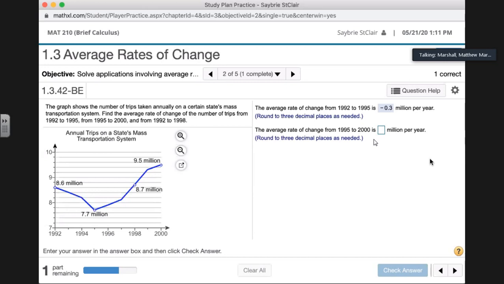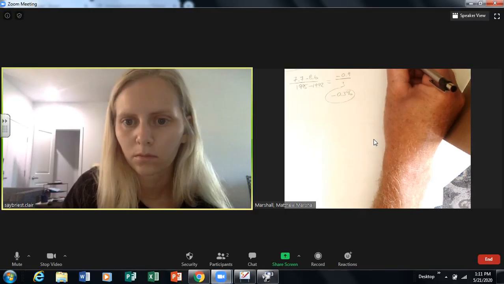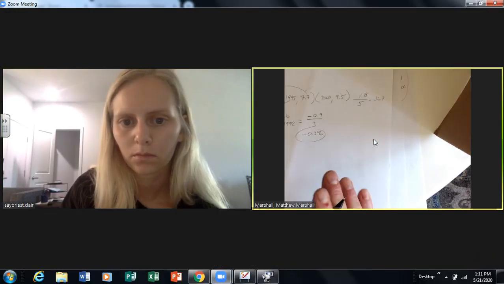So I'm getting positive 1.8. Yeah, because if you're subtracting the same pattern we've been doing, you subtracted the 9.5 minus 7.7, you should have got a positive number there. And then you could clearly see that's a positive number. The slope is rising up from left to right. It should be a positive percent for sure. So it looks like 0.36%? Is that what you got?